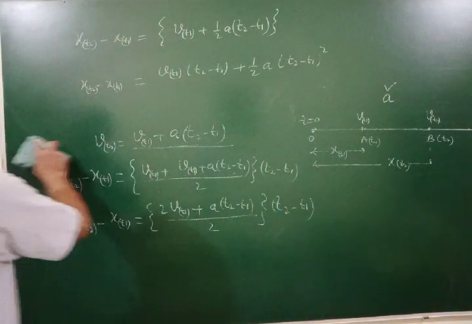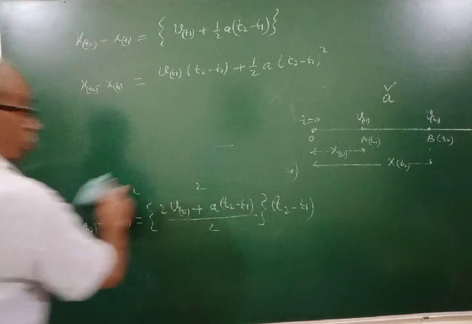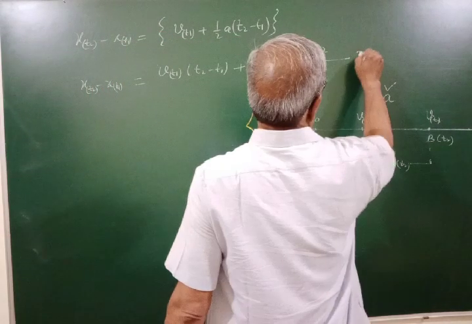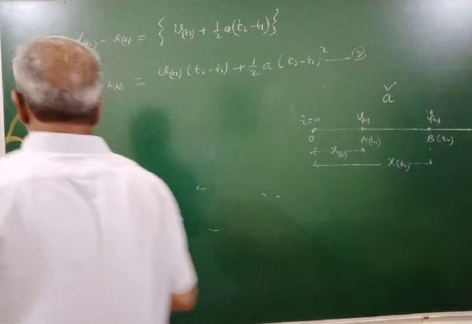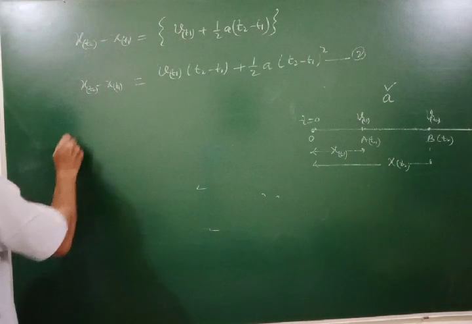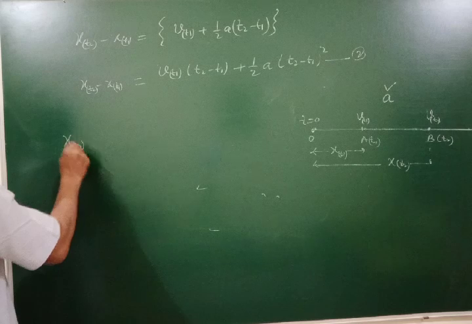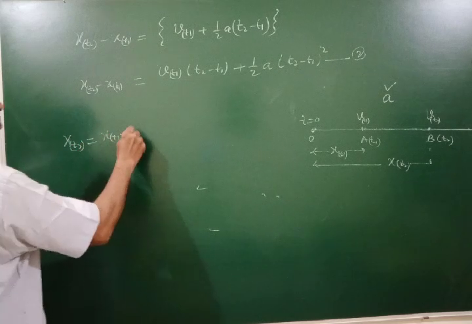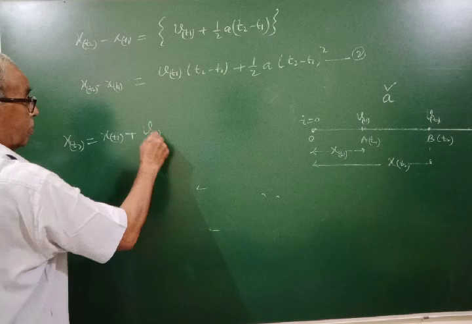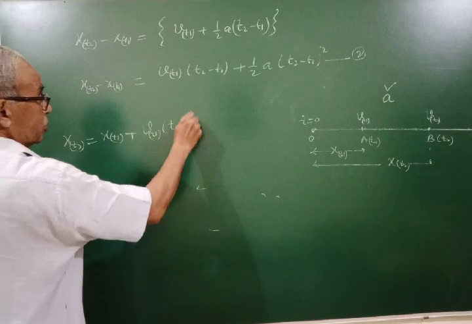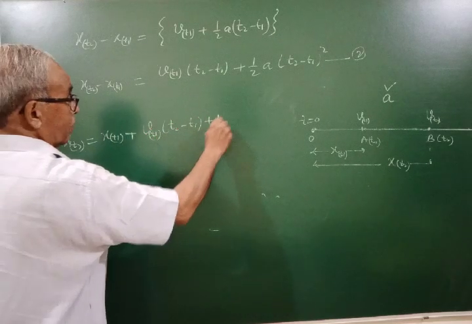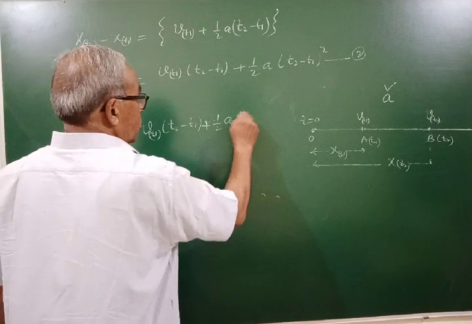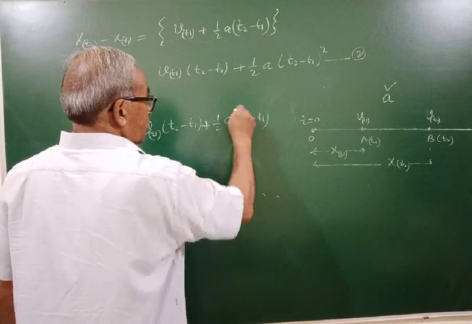This is the actual form of equation 2. Equation 2 has this form, or you can write it as xt2 is equal to xt1 plus Vt1 into (t2 minus t1) plus half a into (t2 minus t1) whole square.